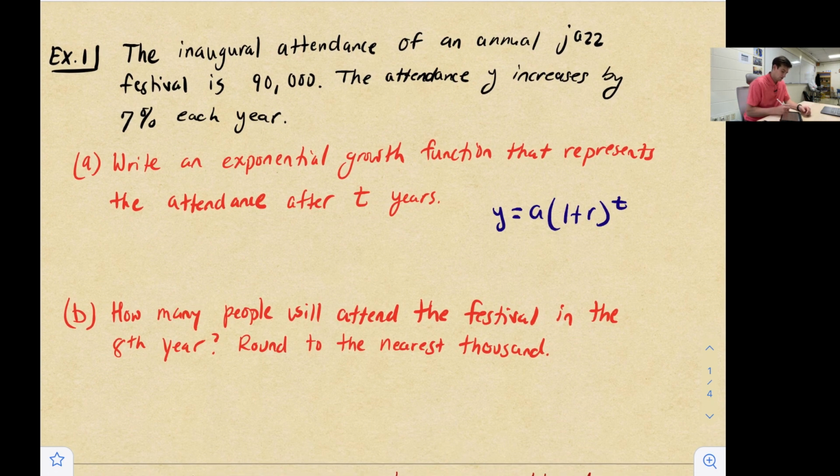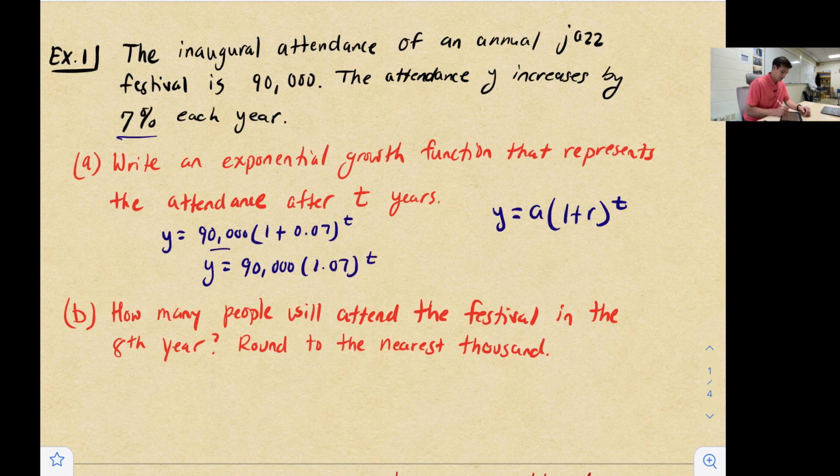A is our initial amount, so we have y equals 90,000. 1 plus r is our rate of growth, which is 7%, so we're going to insert that as a decimal, 0.07, and we're going to raise that to the power of t. So now we can simplify that growth factor to get a final equation of y equals 90,000 times 1.07 raised to the power of t.